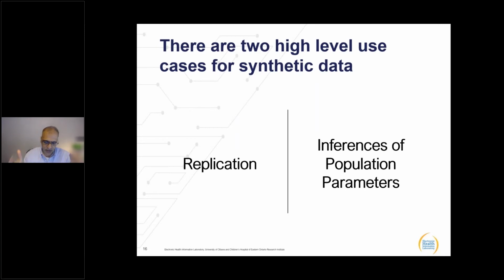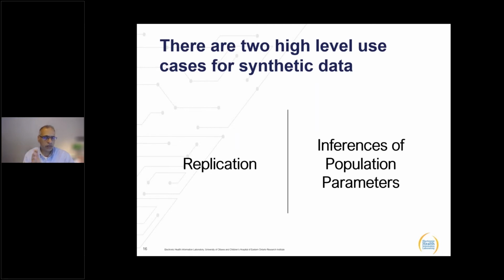The data set is going to be shared to enable replication of an analysis that was done and published on that data set. Other examples of replication are when you are using data sets to train people, for running demonstrations of software, for software testing.